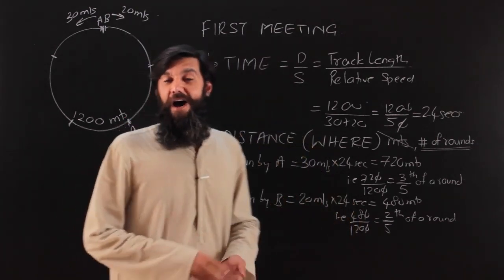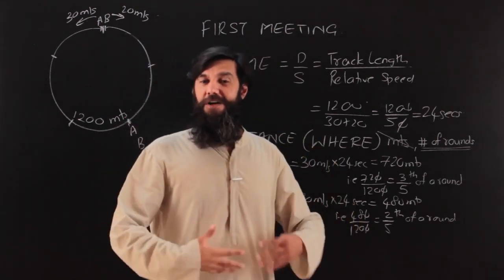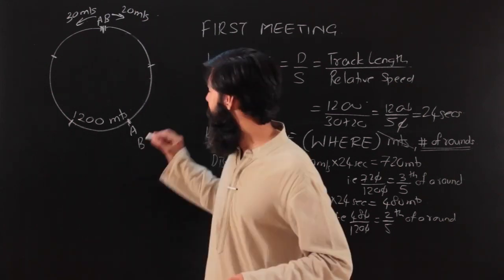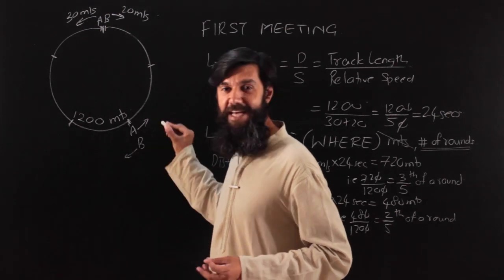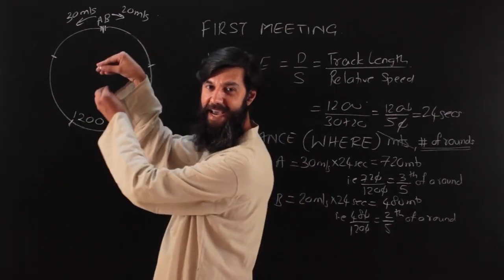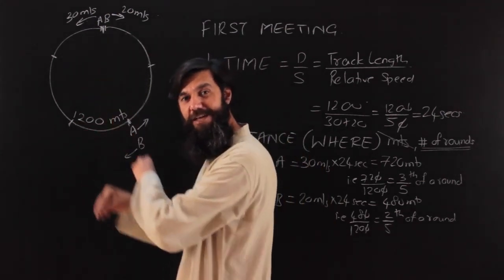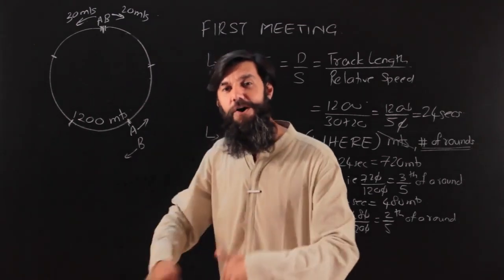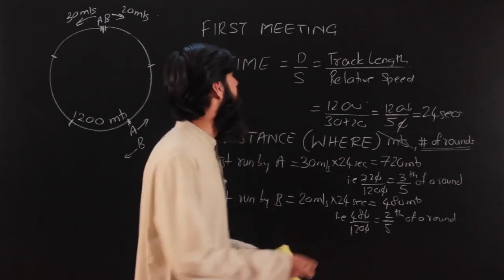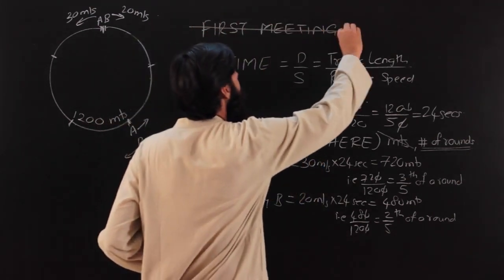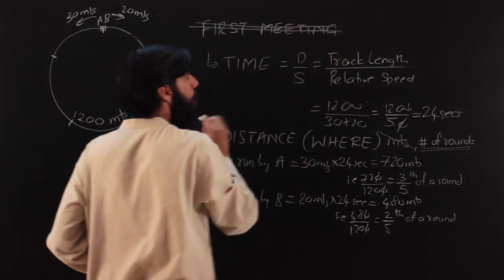Now, the questions are difficult because if they continue running, A is going to continue running, B will continue running in their respective direction. They are going to meet again. And if they yet continue, they are going to meet yet again, and so on. So, the most important learning: do not look at this as the first meeting only.